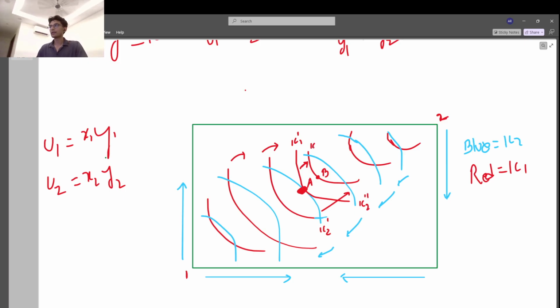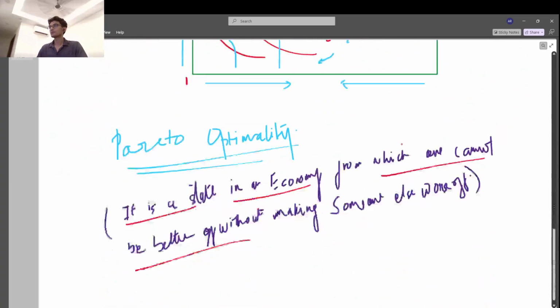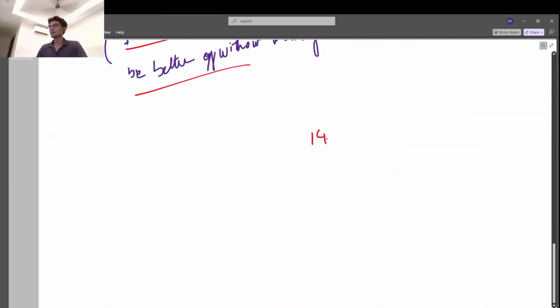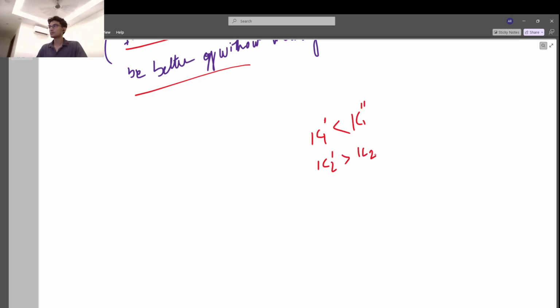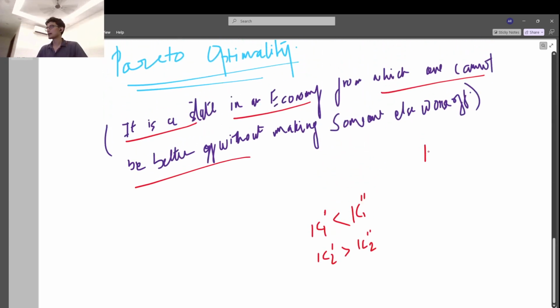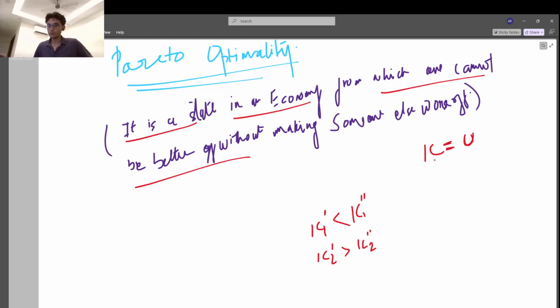So IC1 dash is less than IC1 double dash, but IC2 dash is greater than IC2 double dash. IC just defines utility, IC equals utility. It doesn't actually, but we will say it does.